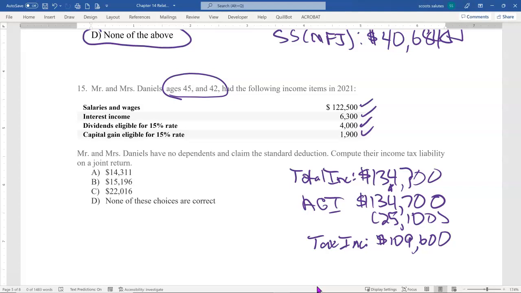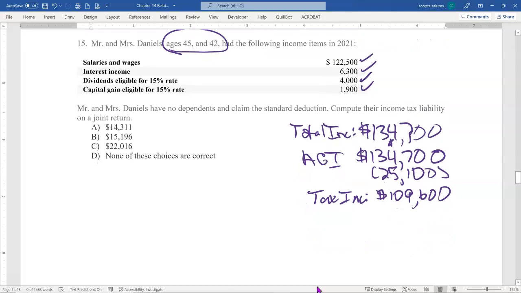Okay, so this is where it comes in. So we get taxable income, and now we need to pull out the favorable amounts. Pull out my favorable amounts.